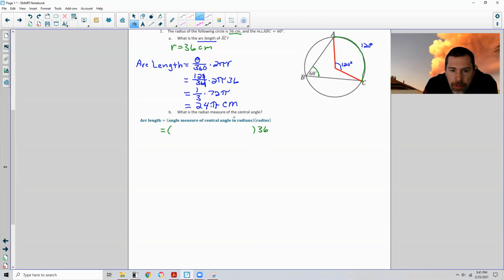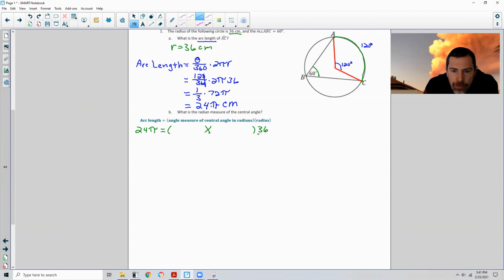That would be 24, and the arc length was 24 pi, so that goes over here. So arc length, 24 pi, equals the angle measure of the central angle in radians, which we're trying to find. Let's just call that x for now, times the radius, 36.